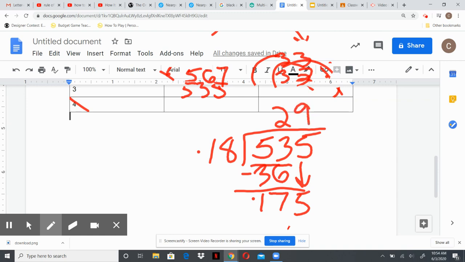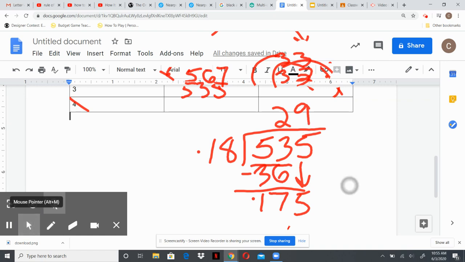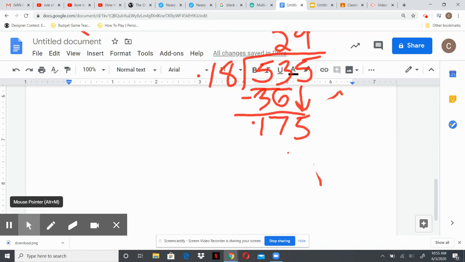So I'm going to multiply 9 times 18, which gives me 162, which gives me a difference of 13.